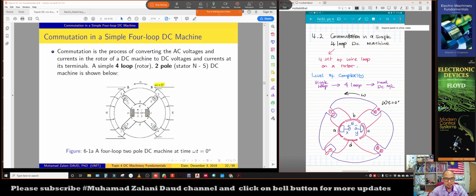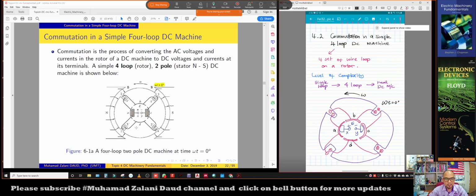That is the arrangement of wire loops for a four-loop DC machine. With four loops on the rotor, the commutator is also divided into four segments.